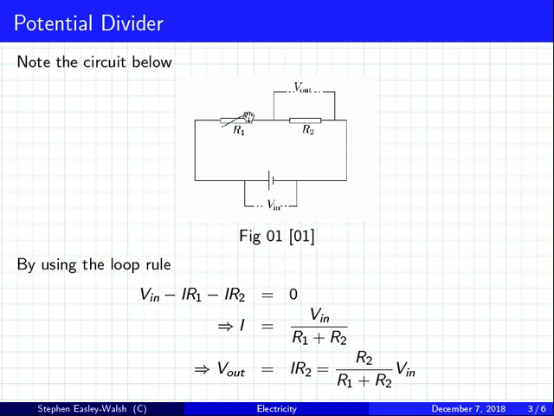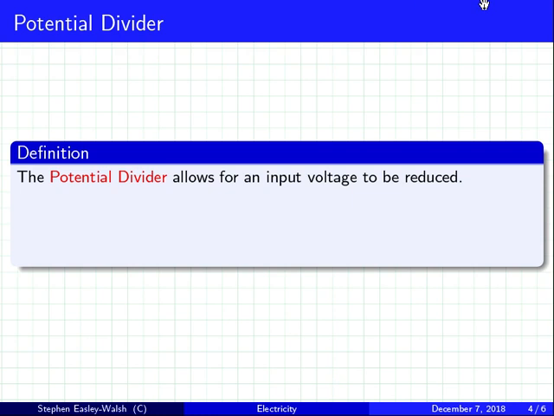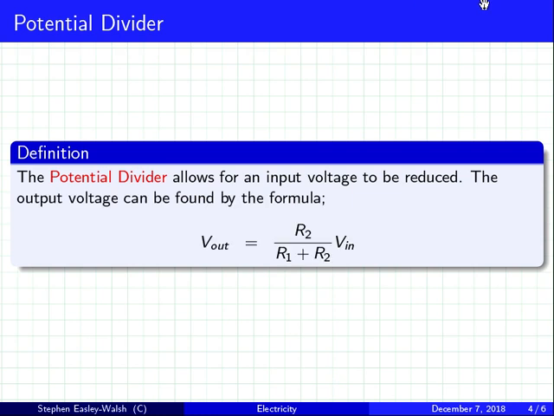Now if you make the R1 bigger, what happens to V out? Smaller. So it reduces. So by turning the R1 up, you can make a smaller voltage. So the potential divider reduces the voltage. The output voltage can be found from this formula.